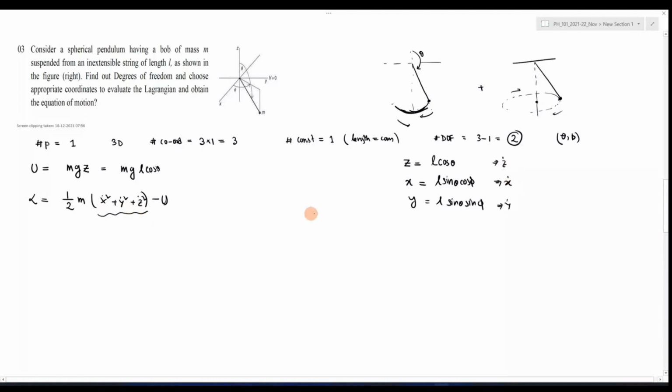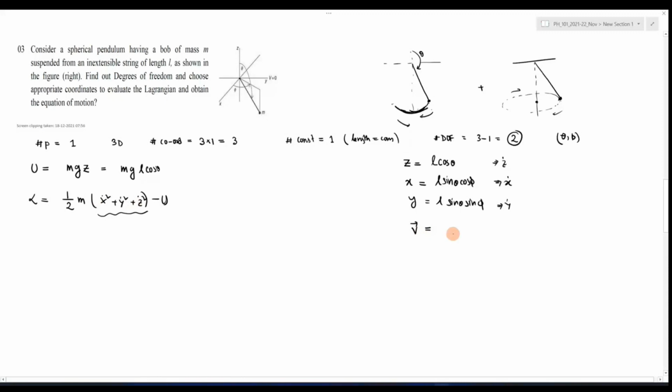If you can somehow write the velocity of this particle in your new coordinate system, since theta and phi are part of your spherical coordinate system, then you can simply write the kinetic energy also. So let us write the velocity in the spherical coordinate system.